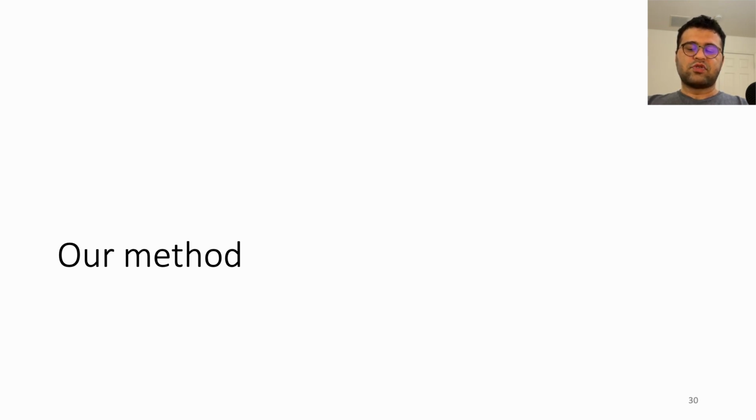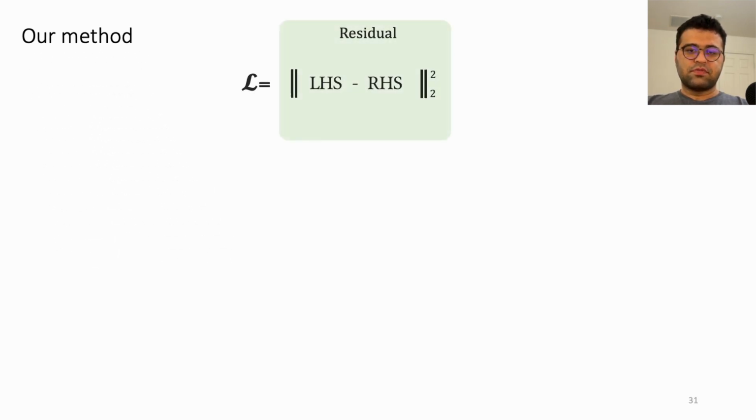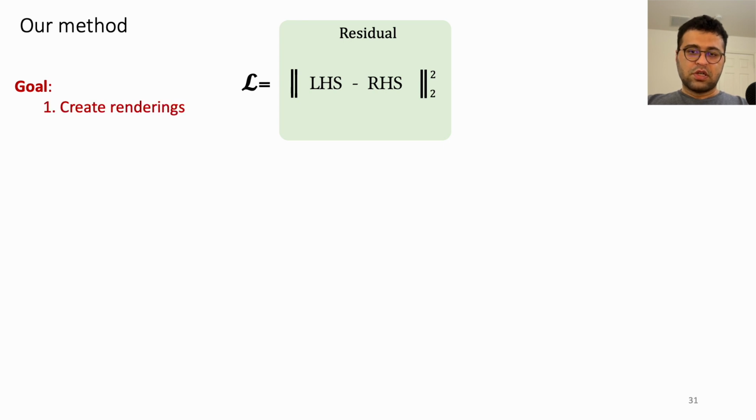Let's jump back to our method now. Now that we know what this residual term is, let's not forget our original goal, that is, to create renderings using this radiance cache, compare them to the ground truth, and optimize scene parameters.